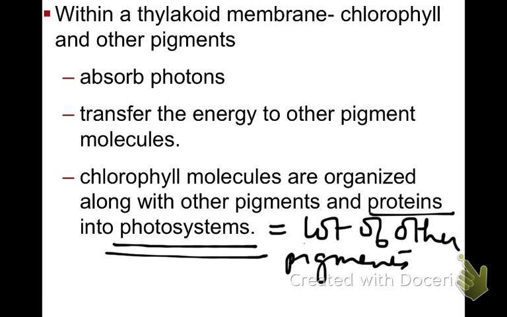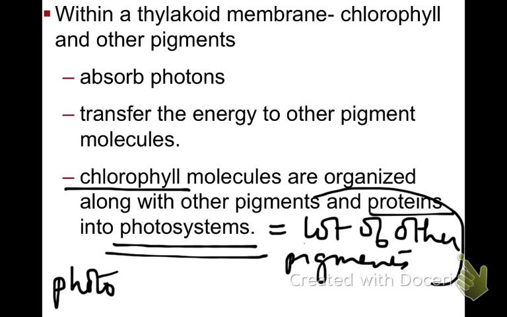For simplicity, I am going to deal with the photosystems and only talk about the chlorophyll molecule. You have to presume that it is a combination of other pigments and the proteins and the chlorophyll that is giving you that outcome. But for simplicity's sake, I am only going to talk about it in terms of chlorophyll.